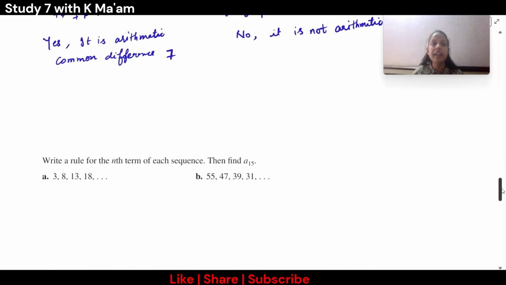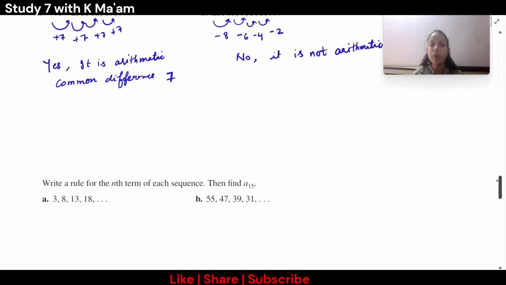Next, write a rule for the nth term of each sequence. If the sequence is arithmetic, we can write its rule. What is a rule? A rule is a general term that we can use to calculate any term. We don't need to care about the previous term or the next term. We can directly calculate that particular term.